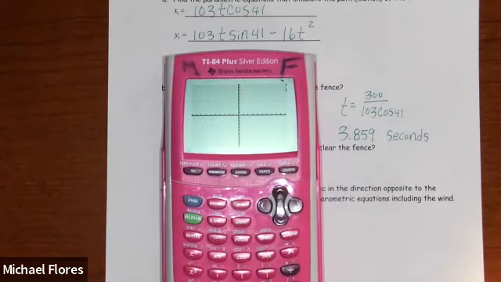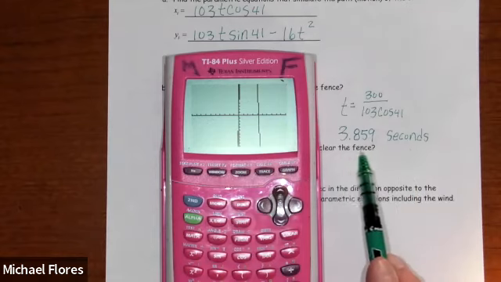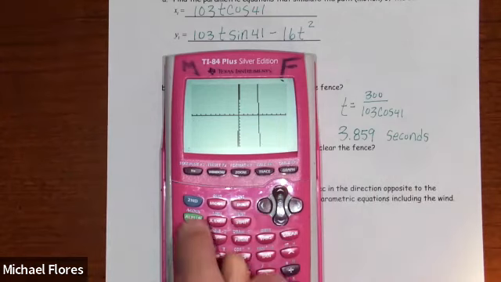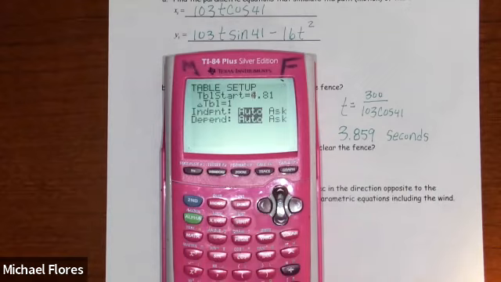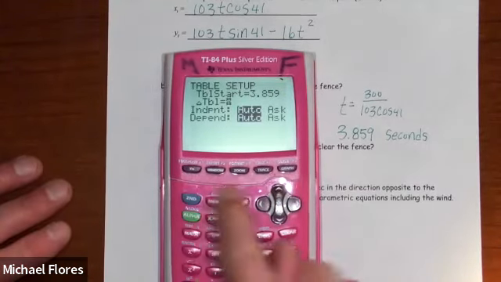Let's take a look at the graph. Sometimes if our graph is a little funny looking, that lets us know we did something wrong. Okay, that looks to be about right. So we're trying to figure out the height of the ball at 3.859 seconds. So we're going to hit second window and push 3.859, enter. And now, second graph.